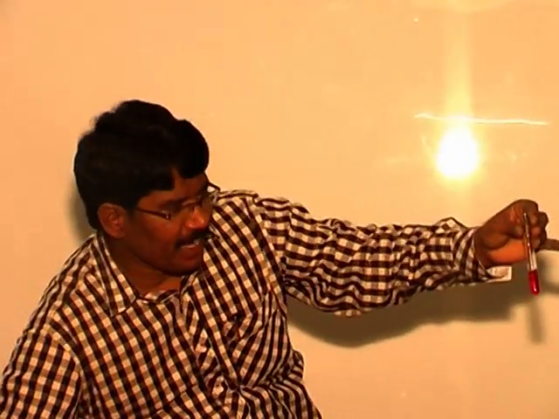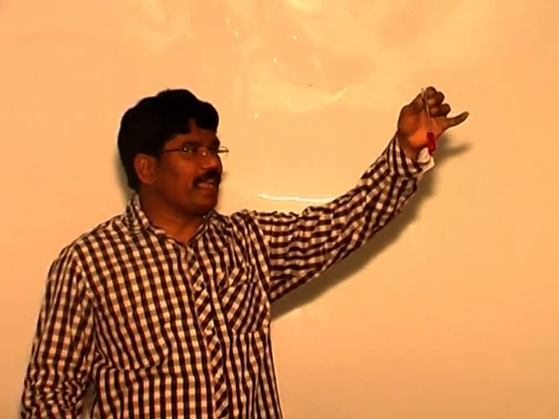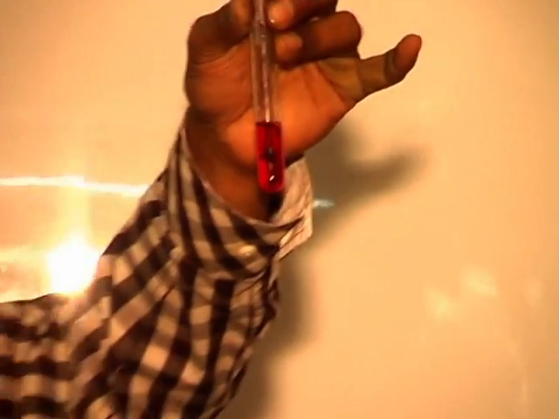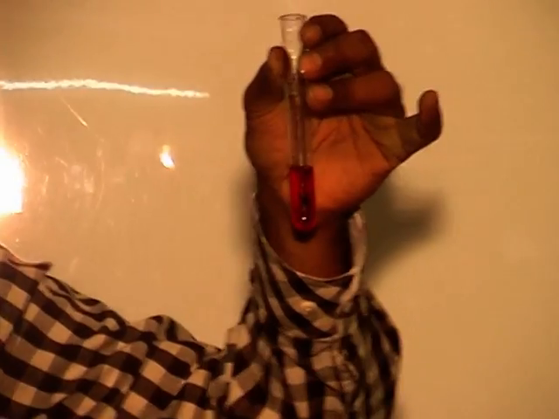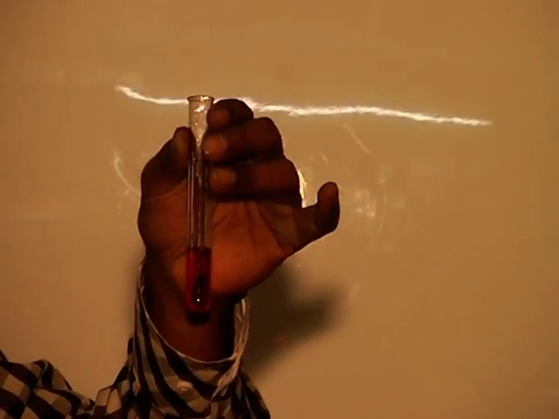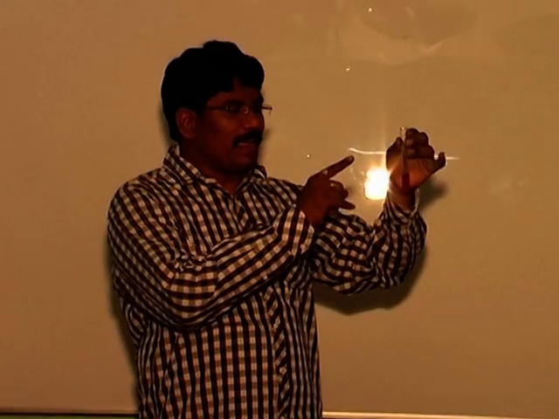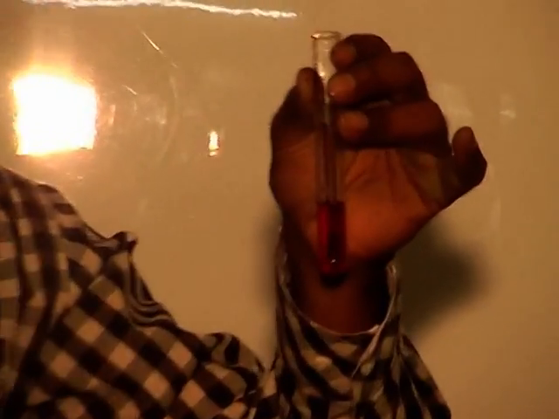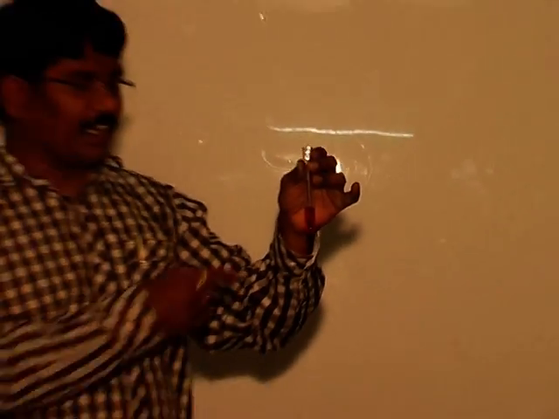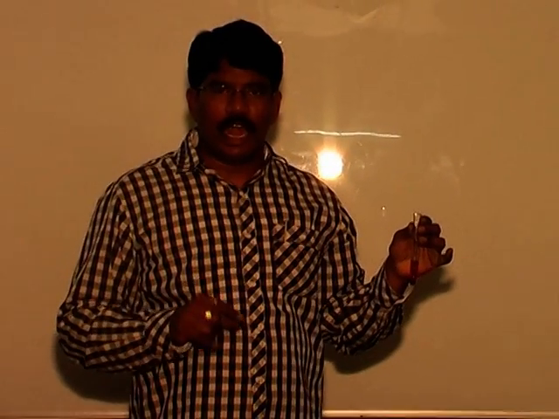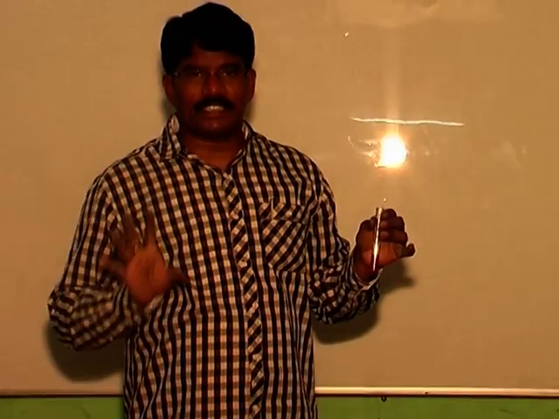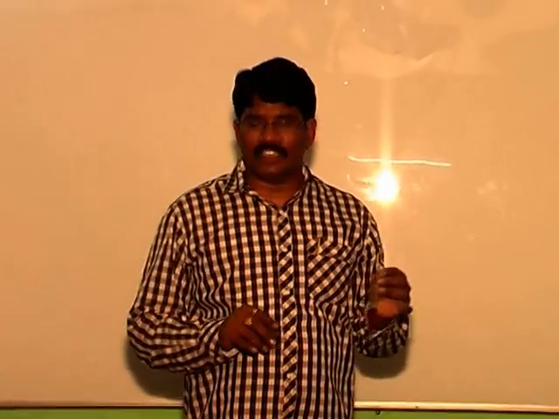Now, after adding this Schiff's reagent to this acetaldehyde, the pink color is restored. If the pink color is restored, then aldehyde functional group may be present. It may be acetaldehyde or it may be benzaldehyde. If the pink color is not restored on adding Schiff's reagent to the given organic compound solution, then that compound is acetone. Now we need to do the confirmatory test for aldehyde and ketonic functional groups.